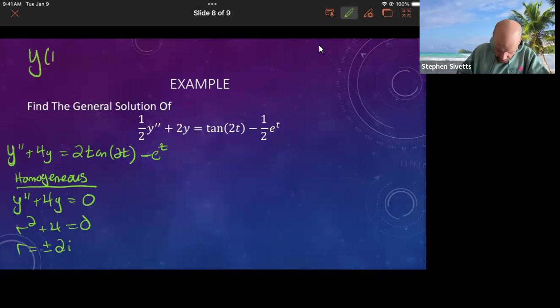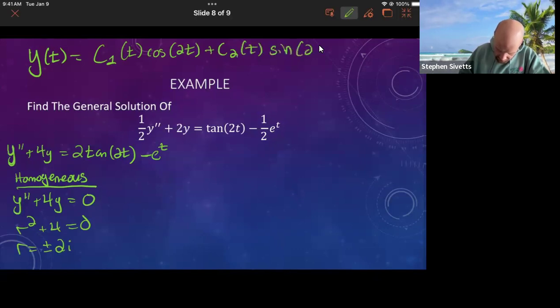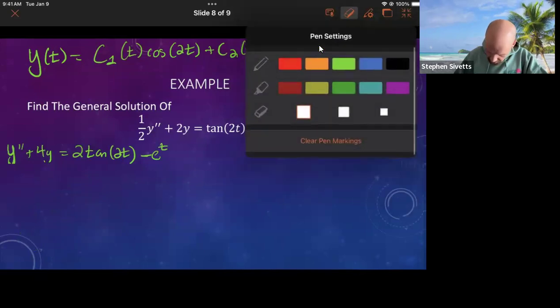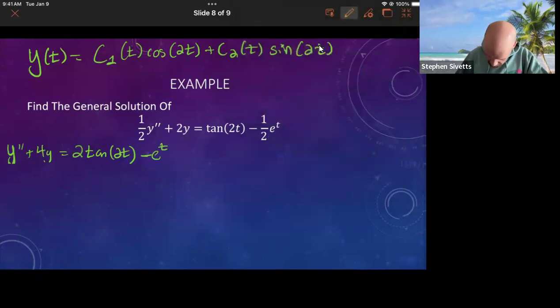And so our general solution will look like this form: c1 of t times cosine of 2t plus c2 of t times sine of 2t. All right? So now the real work comes in by solving for the constants c1 and c2.